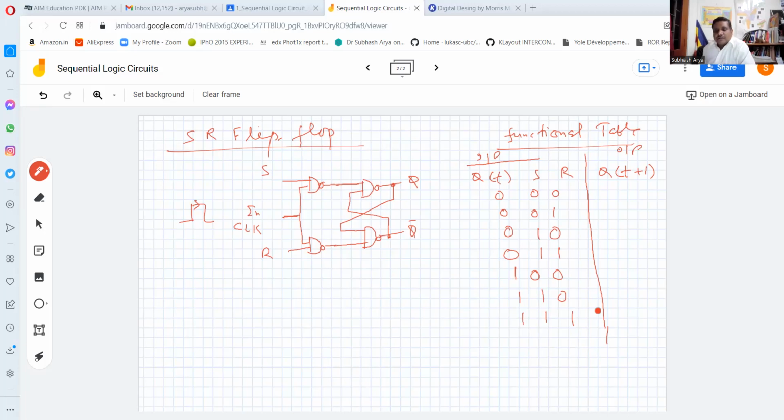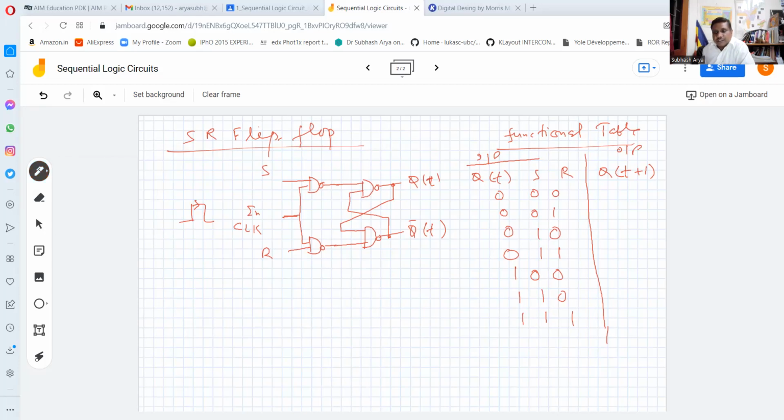Now let us try to find out what is the value at the output for each combination. So Qt is here, and Qt plus 1 will be here, but after propagating the inputs through the circuit.